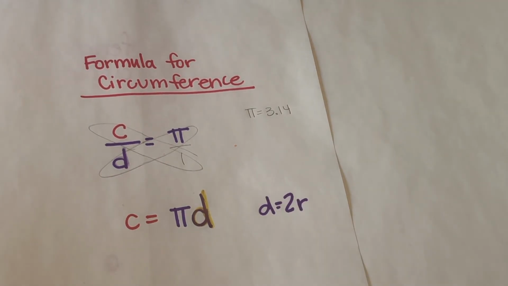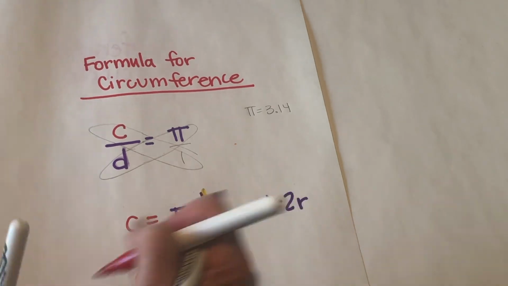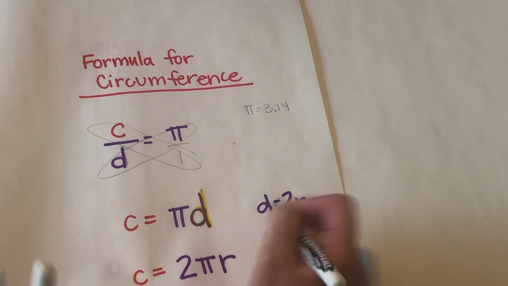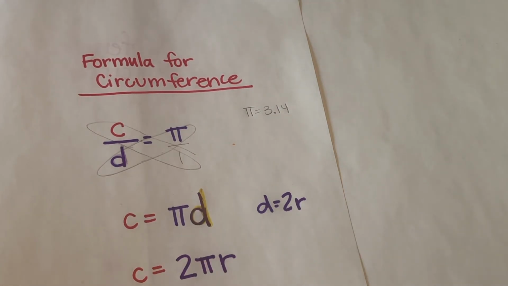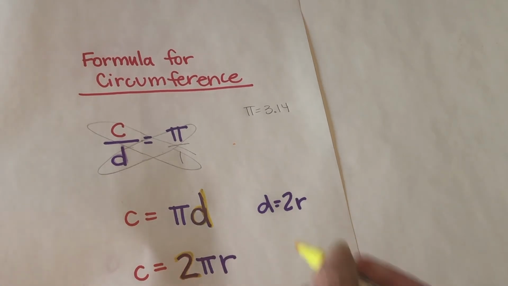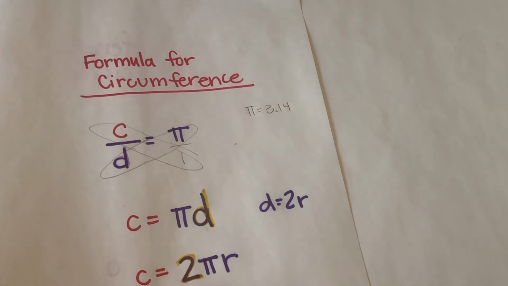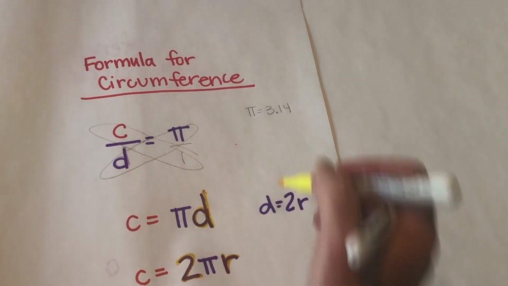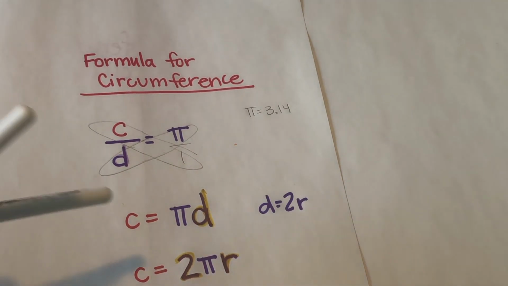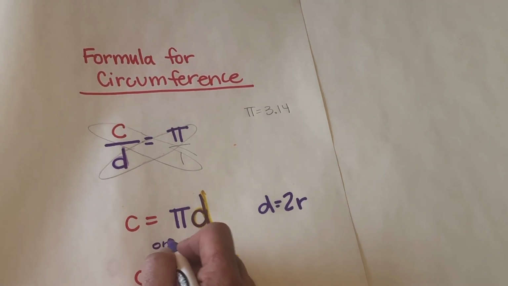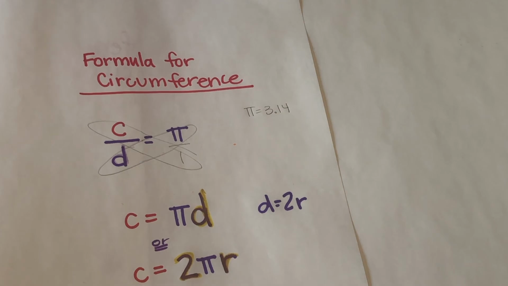So we could also write this as C equals 2 pi r, where 2 goes in front because it's a coefficient, and when we have coefficients, they go in front of the variable. And this 2r represents our diameter. So the two formulas for circumference are circumference equals pi d or circumference equals 2 pi r.